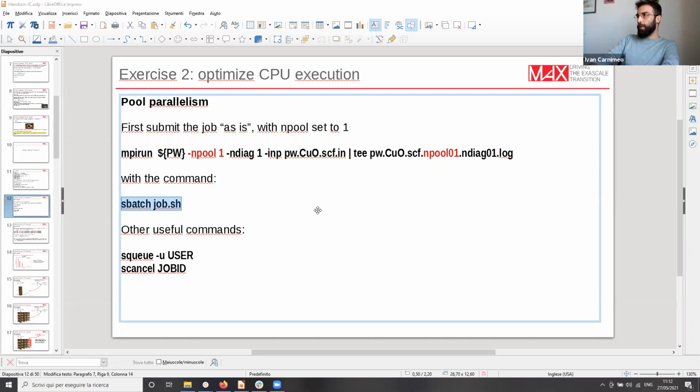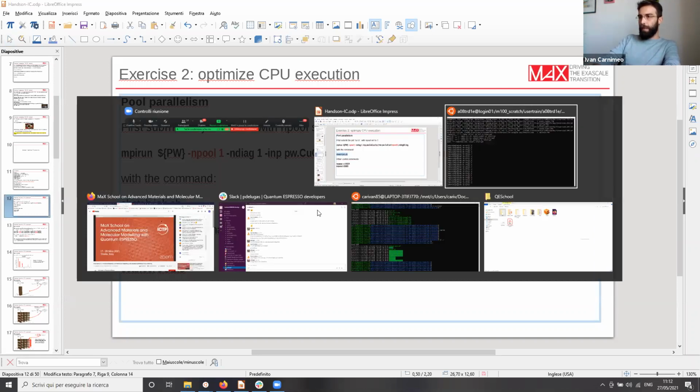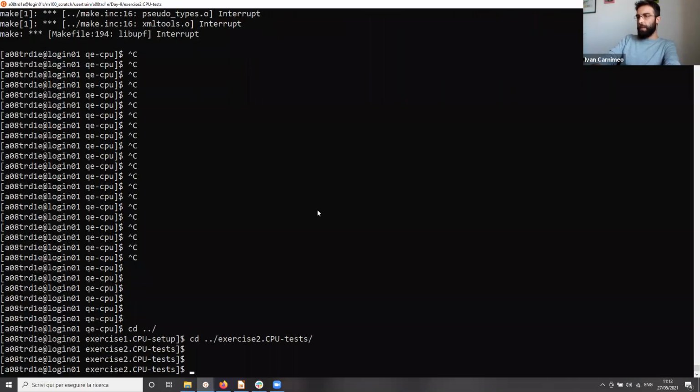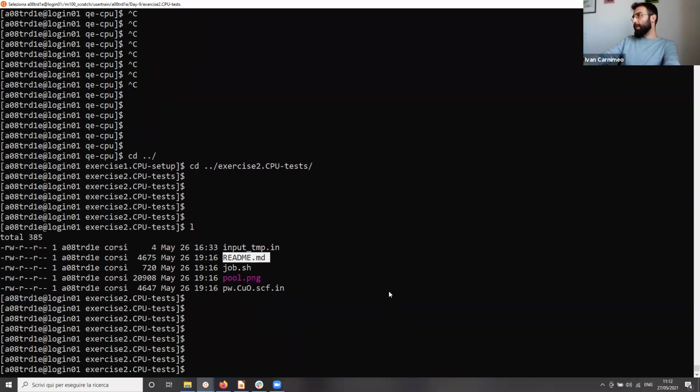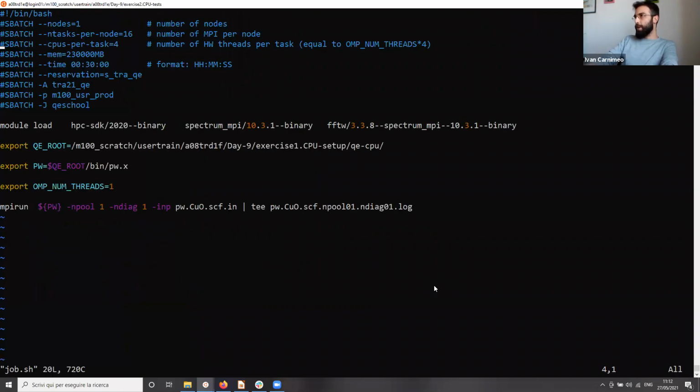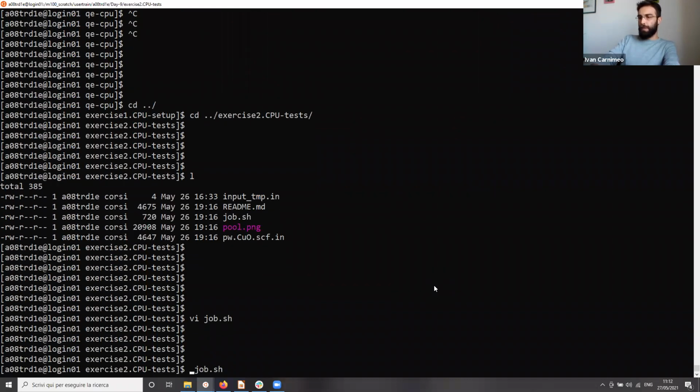So you go in the exercise 2 directory, you will see the README file here where you find all the instructions, and the job.shell file, which is just the job I have shown you in the slide. And it is enough to send sbatch job.shell.